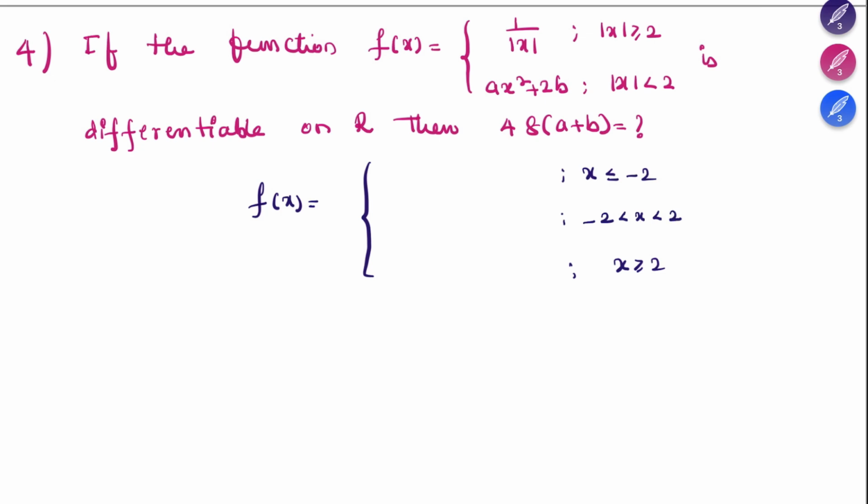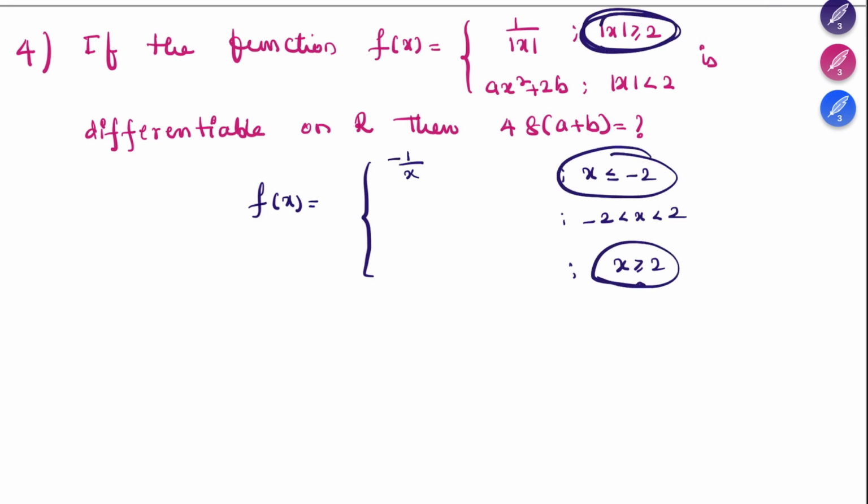Right. So whenever x is less than or equal to minus 2, x is negative, right? So if x is negative, the definition of the function is 1 by mod x for that case. But x is negative, so mod x is what? Minus x. So in place of mod x, we write minus x. So I'll write that as minus 1 by x. These two cases are coming from mod x greater than or equal to 2.